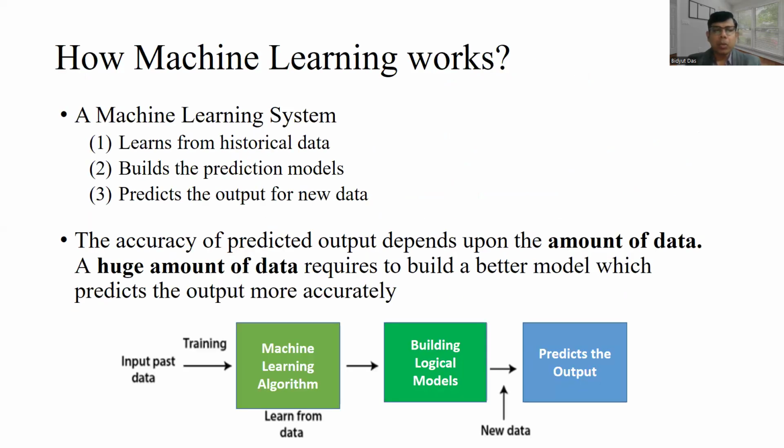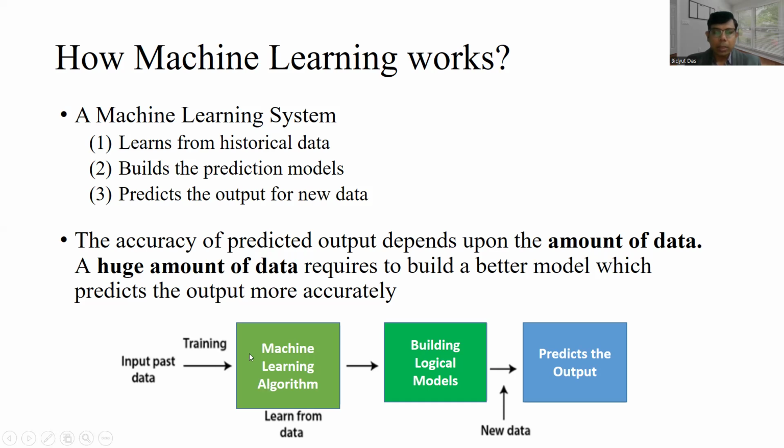How does machine learning work? A machine learning system first learns from the historical data, then builds the predictive model, and then predicts the output from the new data. The accuracy of the predicted output depends on the amount of data. A huge amount of data is required for training to give accurate results.